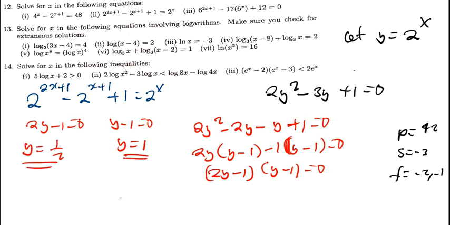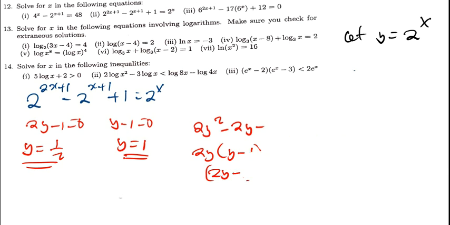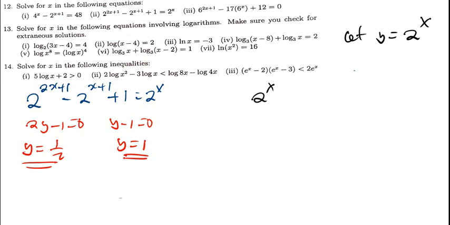After finding this, these are not the answers. They're just going to help me to find the values. So I'll say 2 to the power x is equal to y.